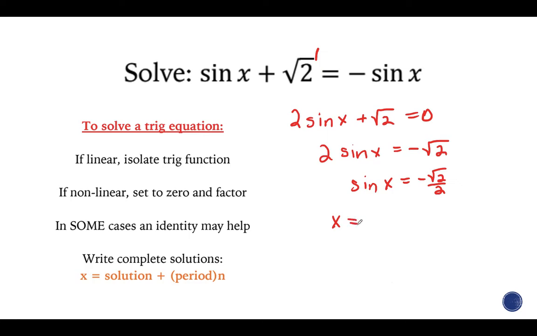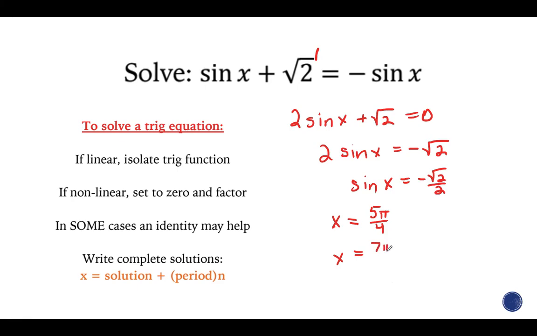So I'm going to say, hey, x is equal to a negative square root of 2 over 2 for sine at 5 pi over 4 from the third quadrant, okay? And also 7 pi over 4.